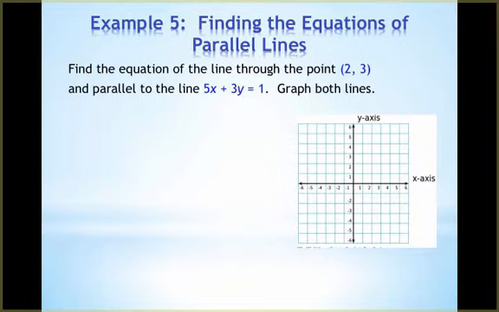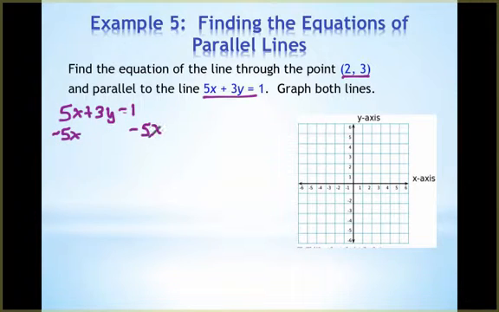5/2. In example 5, we're going to find the equation of the line that passes through the point (2, 3), and is parallel to the line 5x plus 3y equals 1. So let's start by taking 5x plus 3y equals 1, and we'll solve for y so we can find our slope.